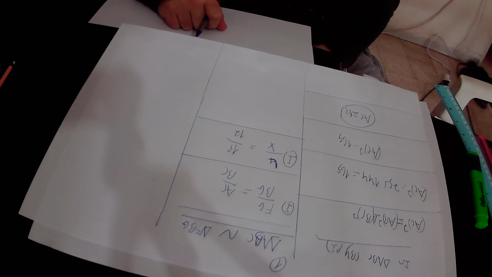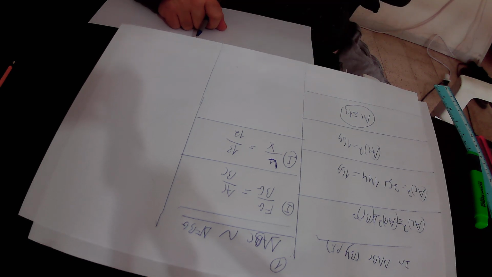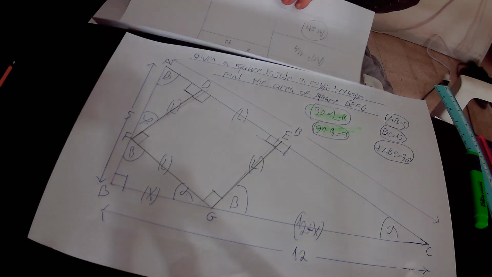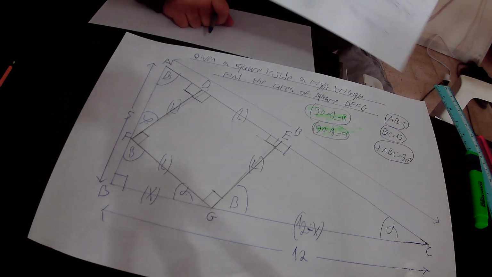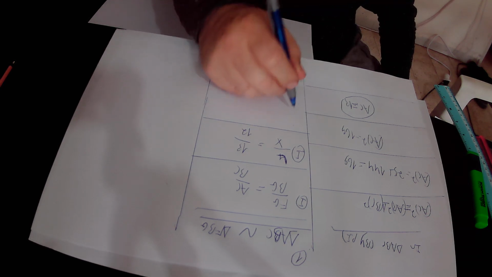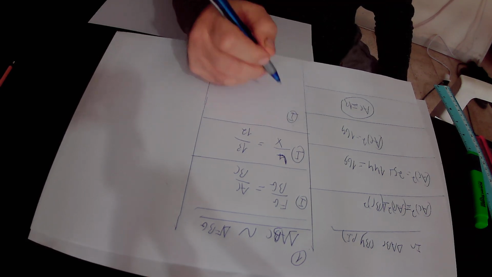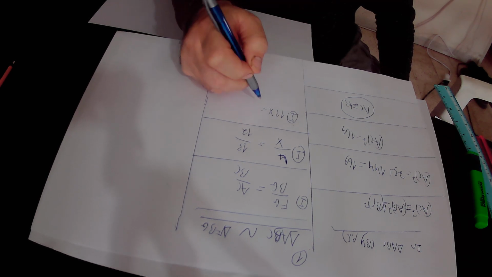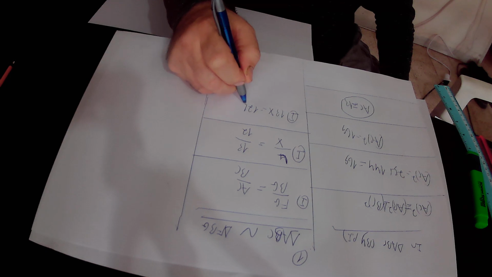So here we cross multiply this equation, equation 1, and we get that 13x equals 12L.